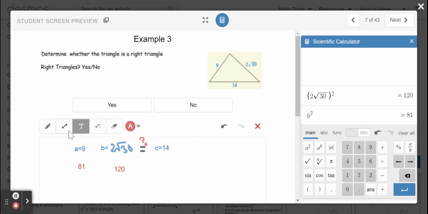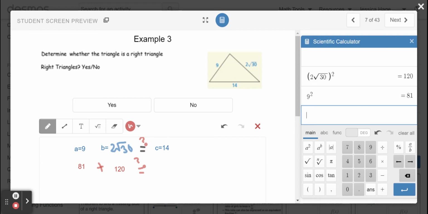And then we want to look at, if we're adding these together, okay, is that going to give us c squared? And so 14 to the second power is 196. And again, we're not sure about this, so we need to add 81 plus 120.